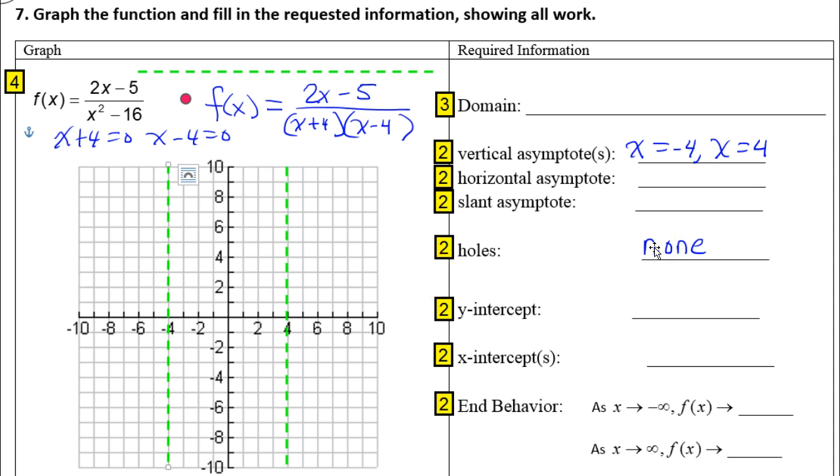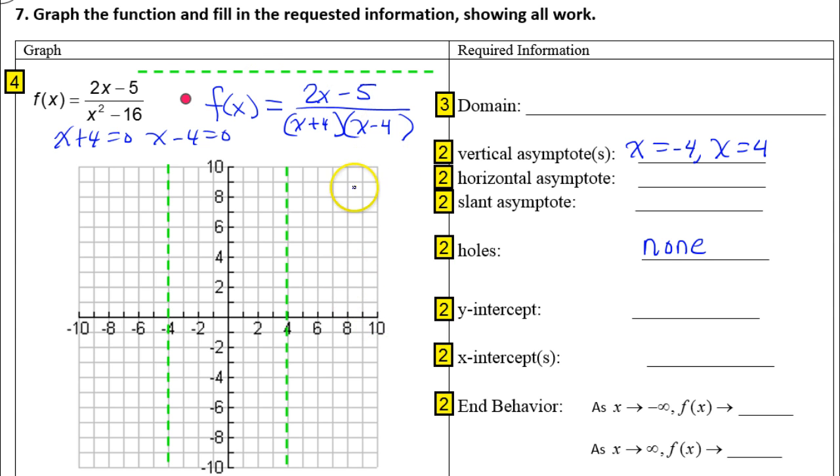Since there are no holes and I've got my vertical asymptotes, I already can tell what my domain is going to be. The function is going to exist from negative infinity to negative 4, then run from negative 4 to positive 4, and then there's an asymptote, and then it will pick up and go from 4 to infinity.